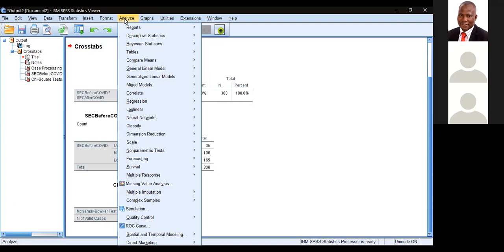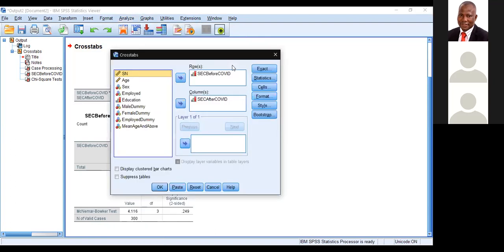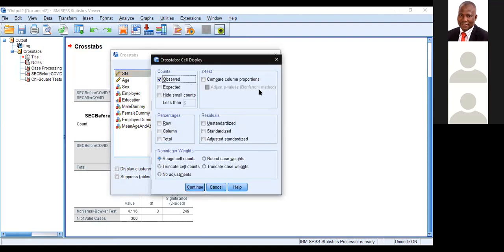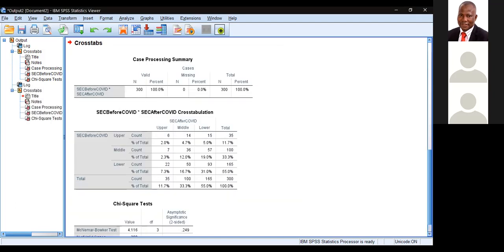And you go to descriptive statistics, crosstabs. And go to cells. Click total percentage. Click continue.